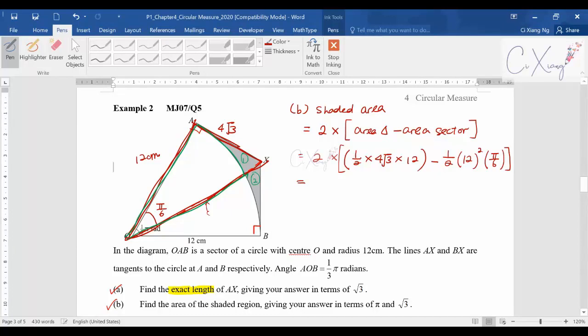From here, if you simplify slowly, then you have 2 times (24 square root 3 minus 12 pi). Eventually, of course, you can multiply it in, and you will have 48 square root 3 minus 24 pi.